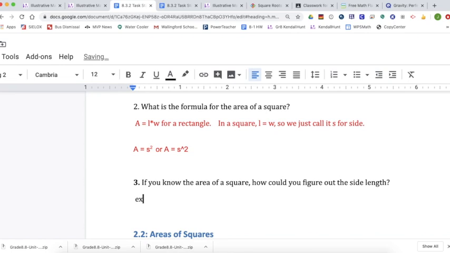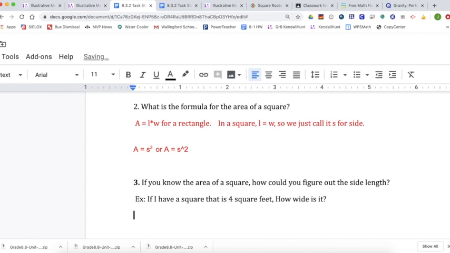So for example, if I have a square that is 4 square feet, how wide is it? And we have to ask ourselves, what times itself equals 4?